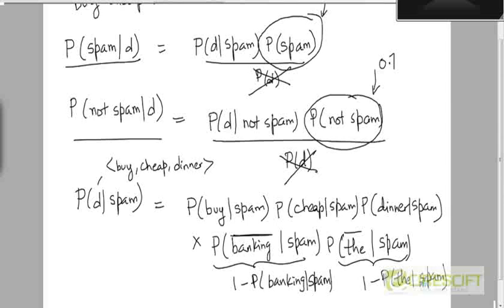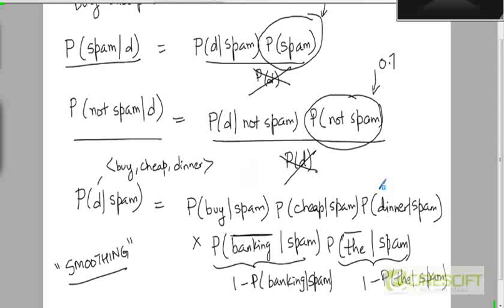Okay, and that is why we looked at something called smoothing, right? Because smoothing is a simple manipulation that we do to prevent any of these terms from being 0, because if even one of these terms is a 0, then the entire expression will become a 0.